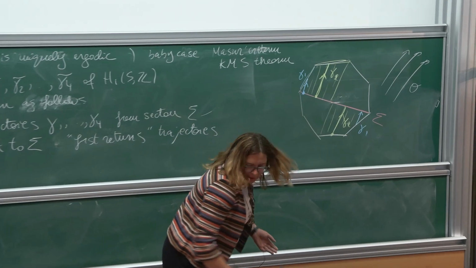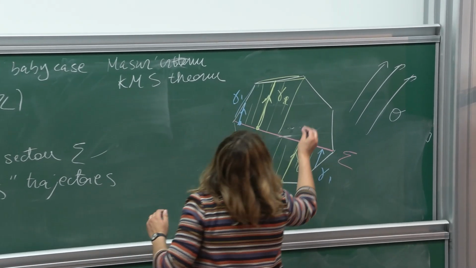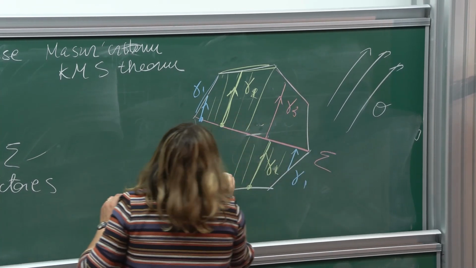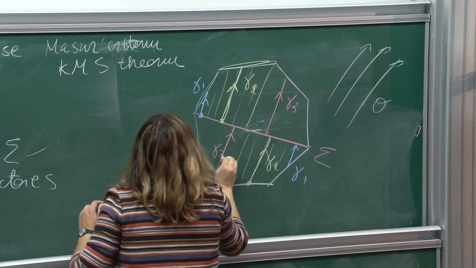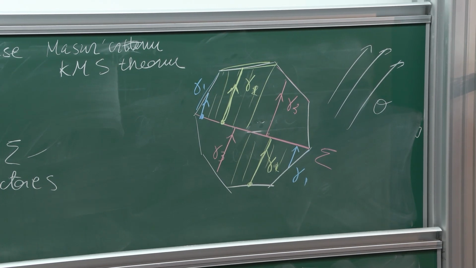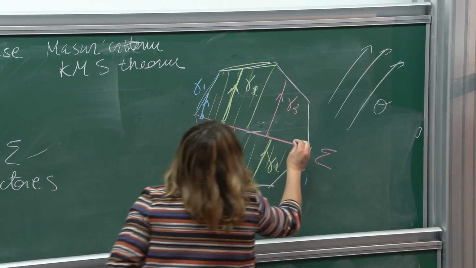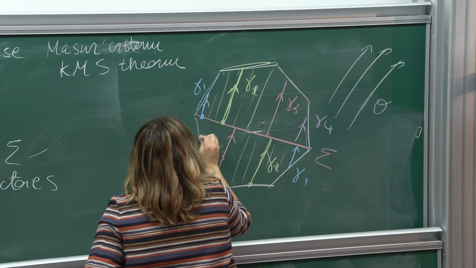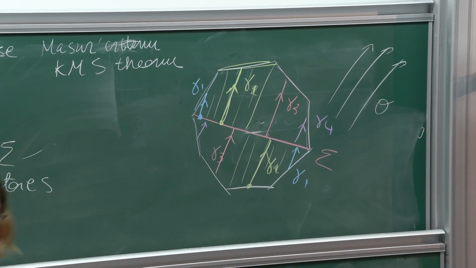Then I can take another point which hits the third side. This comes back like this. This is gamma 3. And the last one, I need another color, maybe purple, is like this. So they correspond to the 4 sides that I can hit.